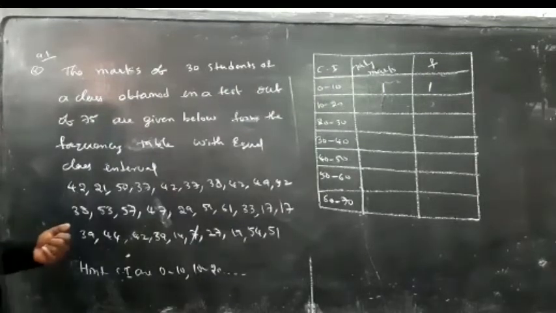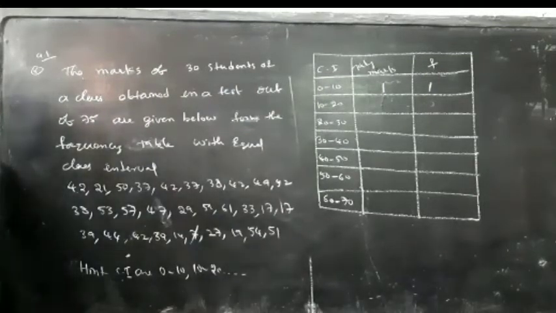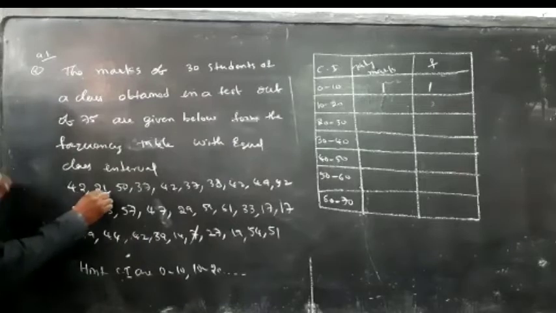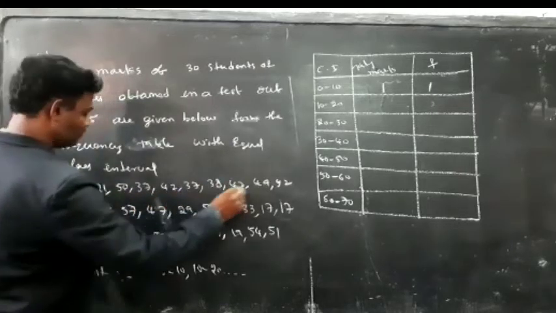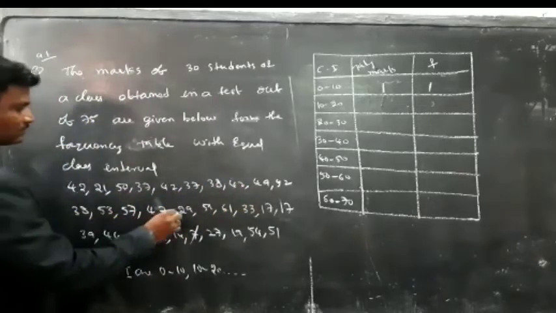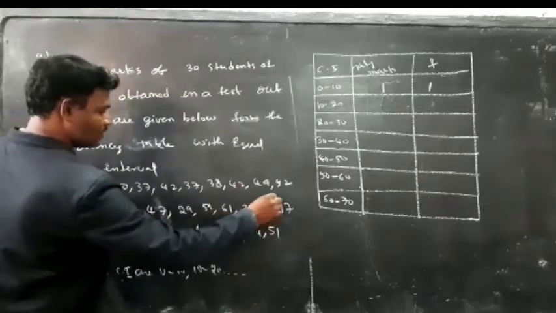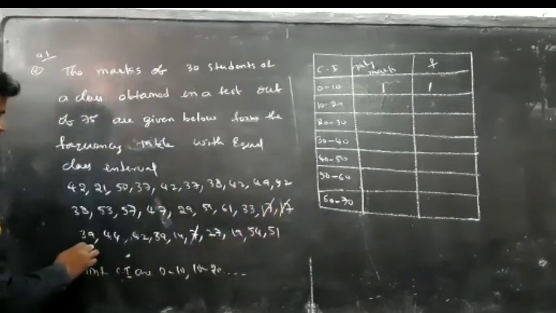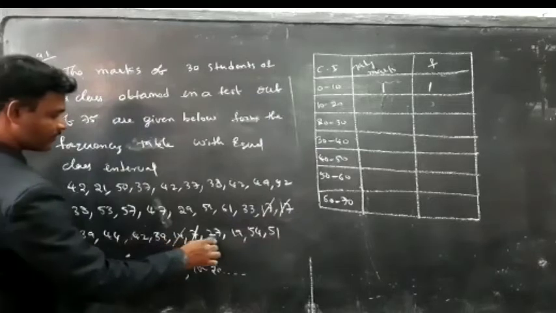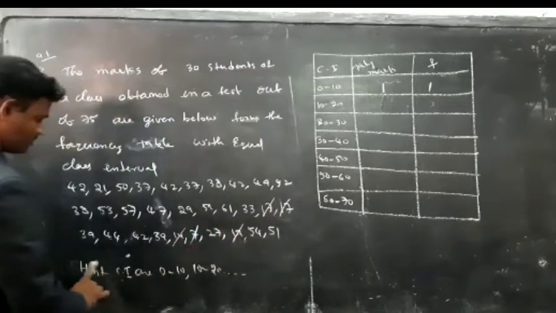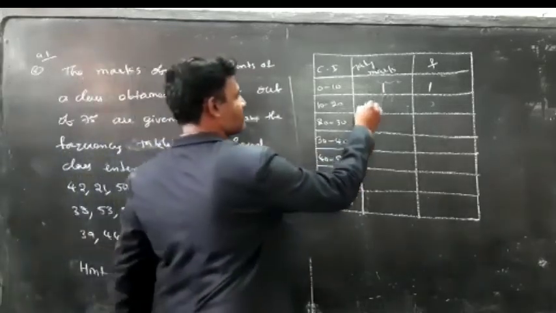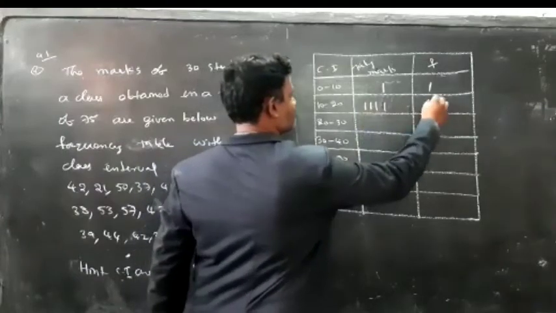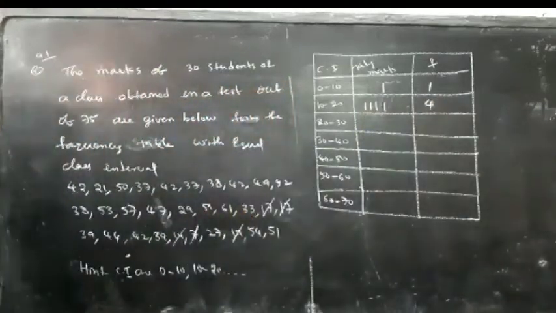Then 10 to 20, which means count up to 19: 1, 2, 3, 4. So only 4 students.